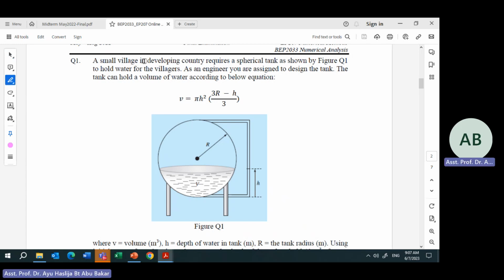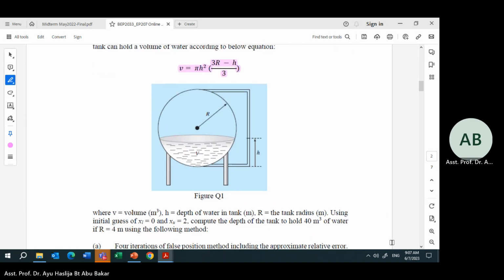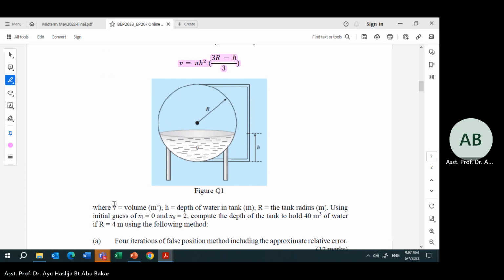Okay, it gives you a small village in developing countries requires a spherical tank to hold water for the villagers. As an engineer, you are assigned to design the tank. The tank can hold a volume of water according to this equation, where V is the volume, H is the depth, R is the tank radius.